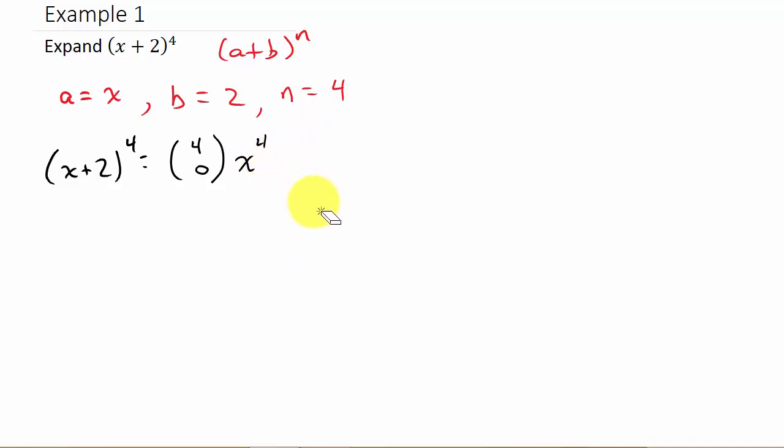Okay. All right. Plus combination 4 choose 1 times x. Now remember, you subtract 1 from the exponent, so that's 3. And now it's b to the first, so that's times 2 to the first.